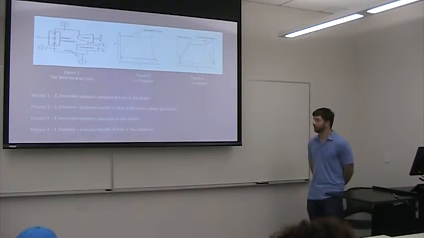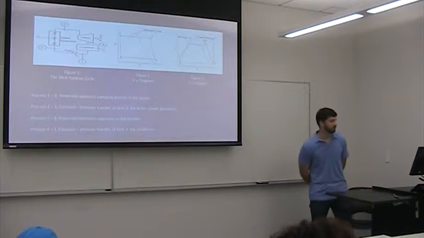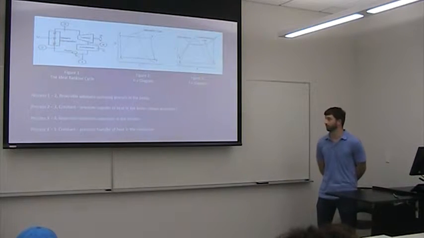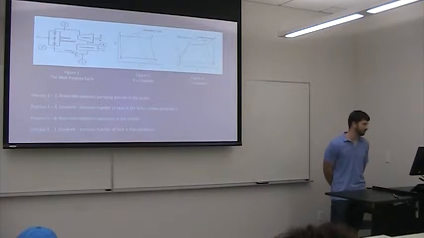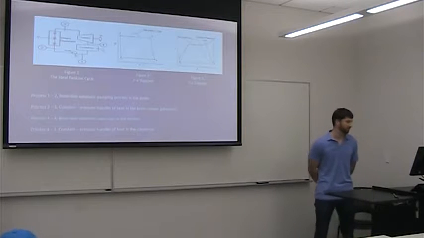In figure 1 is the ideal Rankine cycle, and from process 1 to 2 is the reversible adiabatic pumping process through the pump. And then from 2 to 3, it moves into the generator, or the boiler, same thing. It's a constant pressure transfer of heat.